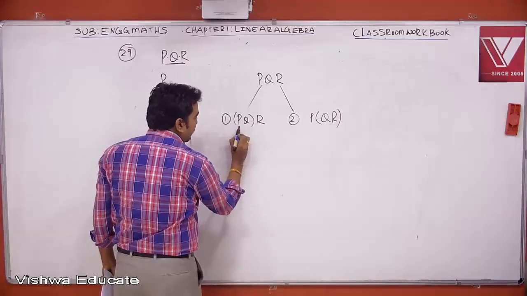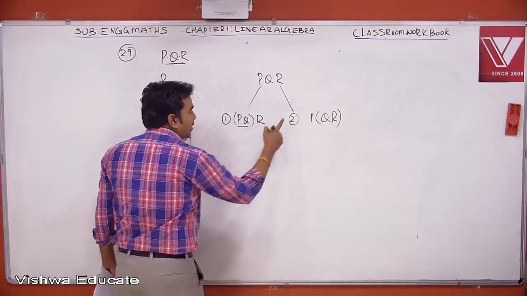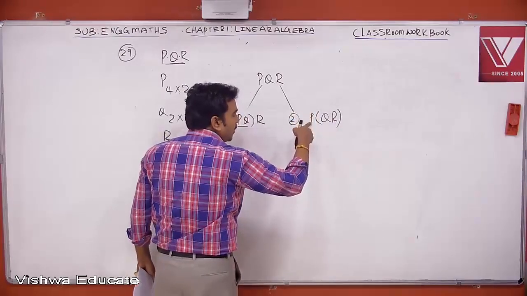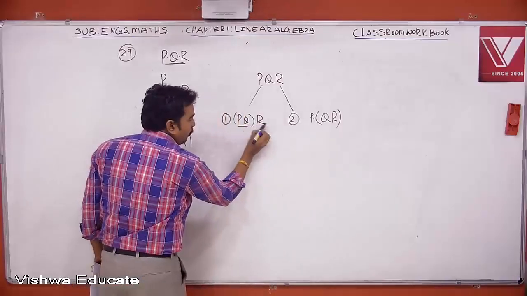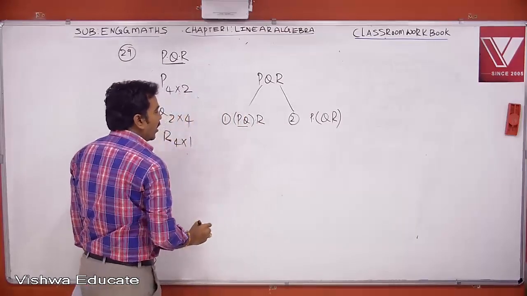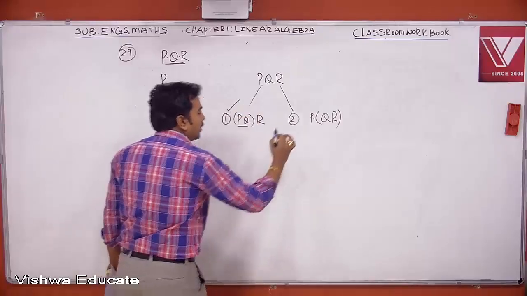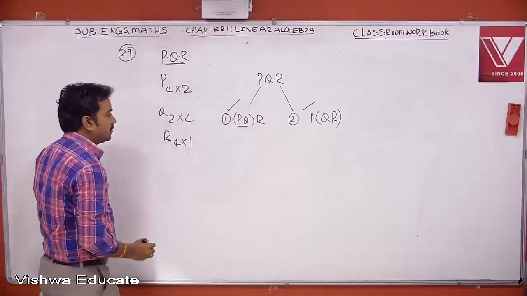In the first case, PQ is multiplied and then this result is multiplied with R. In the second, QR is multiplied first and then the result is multiplied with P. Now let us find the number of scalar multiplications in each case. Whichever gives the least will be the answer.